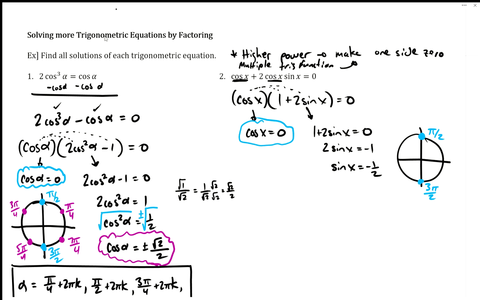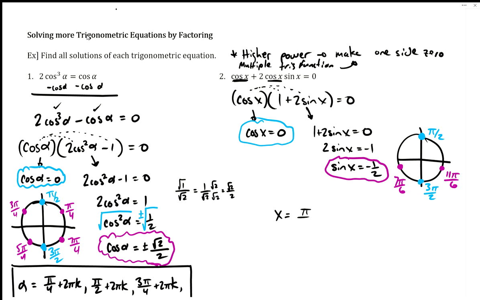And then where sine of x equals negative 1/2 is in quadrant 3 and quadrant 4, close to the x-axis, meaning we would have 6 in our denominators for the radian measure. So 7 pi over 6 and 11 pi over 6. So those are our 4 answers, this time between 0 and 2 pi. And we just make sure to add 2 pi k to them for official final answers.